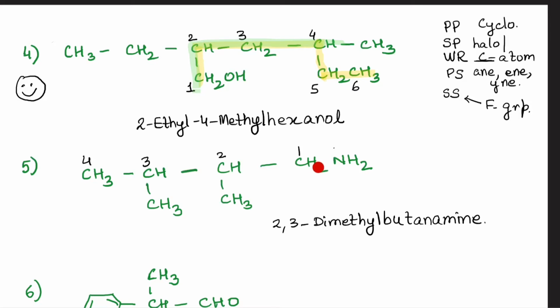So we are going to give them numbers. They are our guests of honor. So 1, 2, 3, 4. You could also do 1, 2, 3, 4. Even that is acceptable. But you have to take the longest continuous chain.